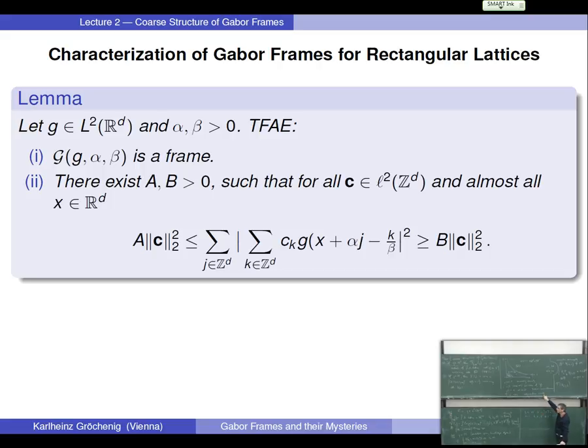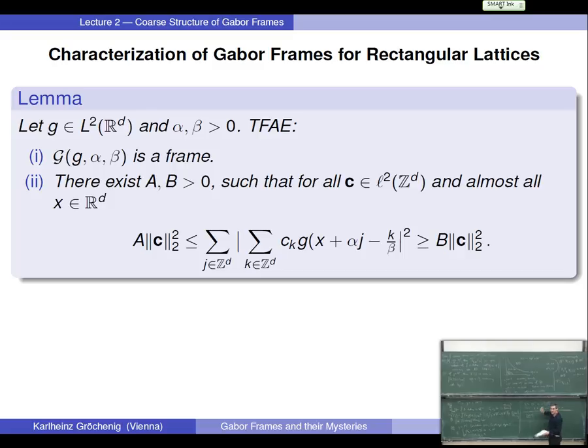Clear, this is a stronger result than this. So for the density, I can give you a small argument, but it requires that you know a little bit about frame theory or take it on faith.